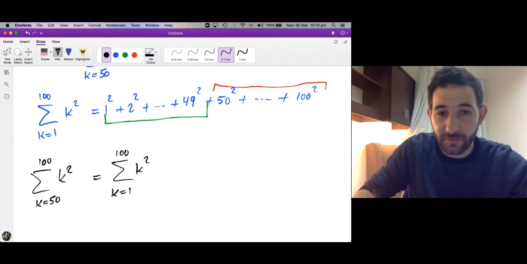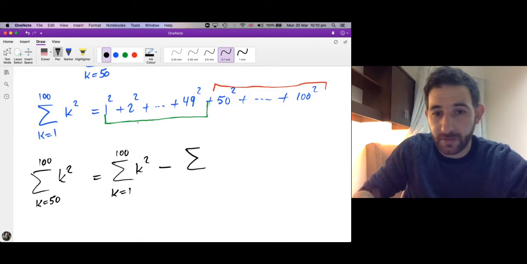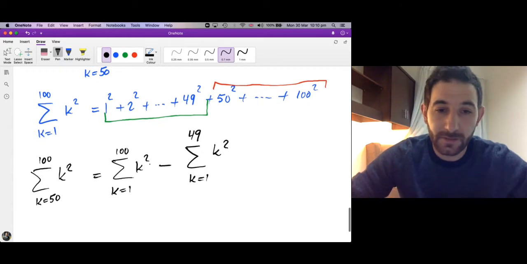So this is the summation of all the blue terms, minus, I want to remove the green part. Which is what? The summation of k squared, where k starts from 1 and stops at 49, right?